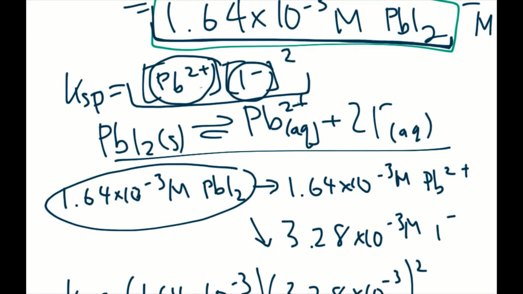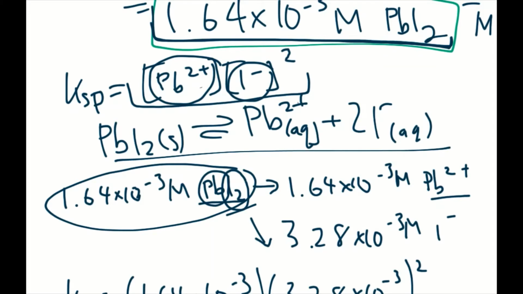For every 1 molar of PbI2 dissolved, we have 1 molar of Pb2+ because there's only one of them. But for every 1 molar of PbI2, we have 2 molar of I-, as expressed by I2, or 2 I- in the salt.